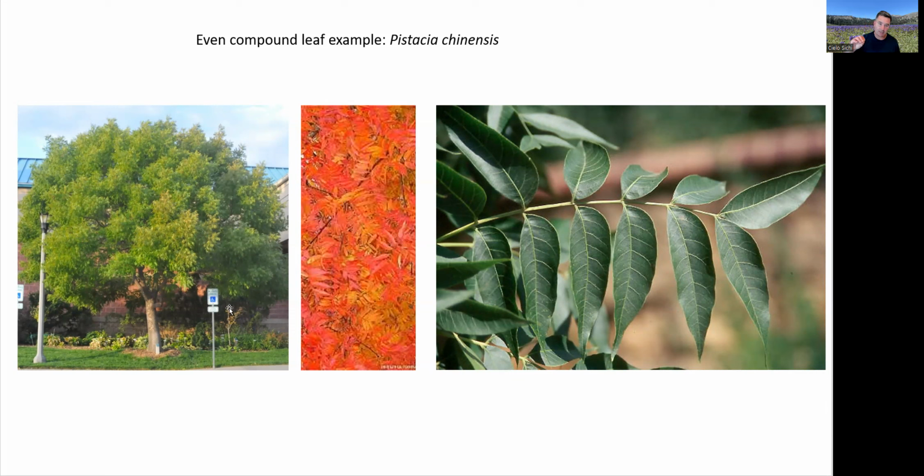Now, it's Pistacia chinensis. The chinensis portion of the species name means that it's of or from China. Now, China's climate's very different than ours, right? We live in a Mediterranean climate, so it's very dry in the summertime. Majority of China is not very dry in the summertime. It's much more humid.